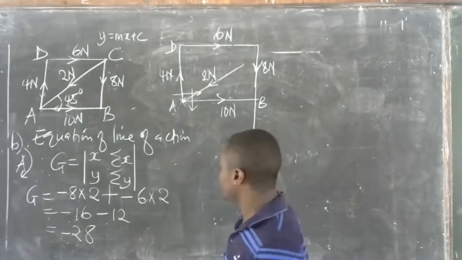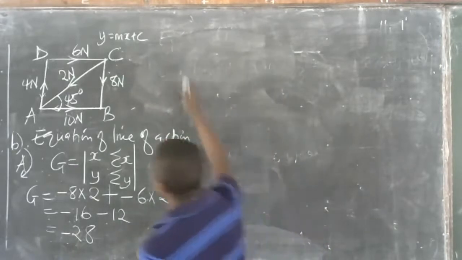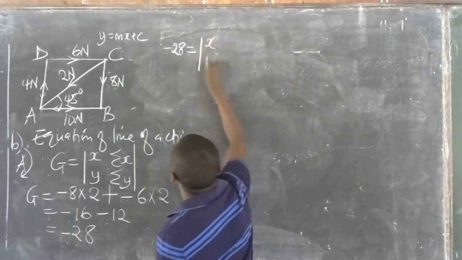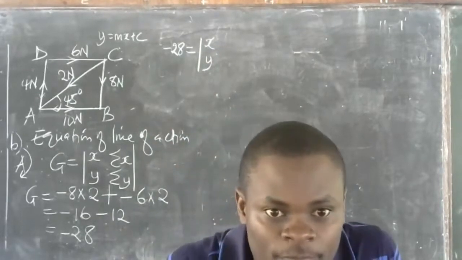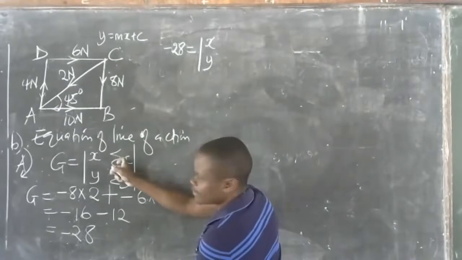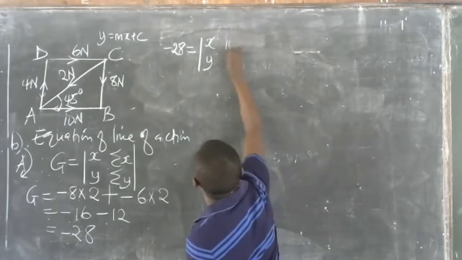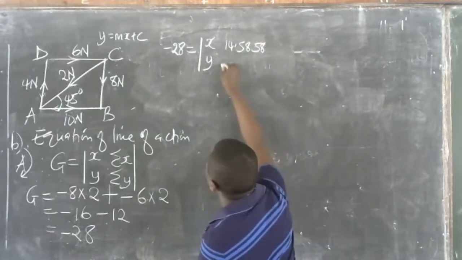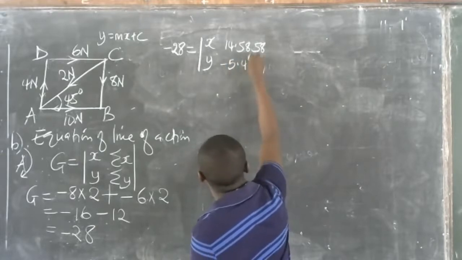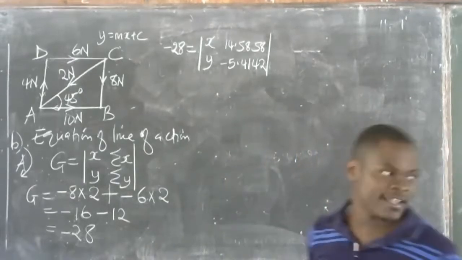When you substitute, we shall get G, which is negative 28, equal to the determinant of x, y, and the sum of forces: the x component, 14.5858, and the vertical component, negative 5.4142.